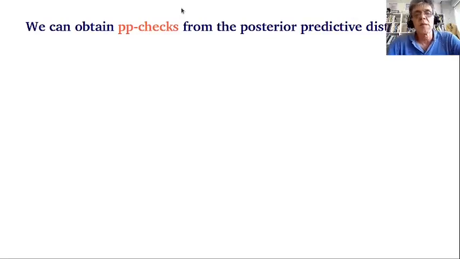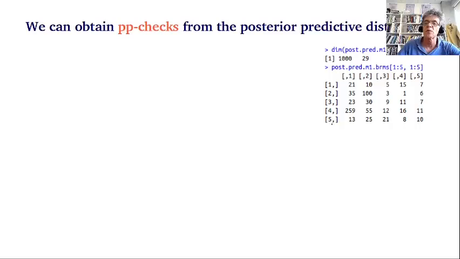We can also obtain the posterior predictive checks from the posterior predictive distribution. I recall that the posterior predictive distribution is a set of predicted values of the response variable that are predicted by the fitted model, as it was explained in chapter 7 and in previous videos of this series.